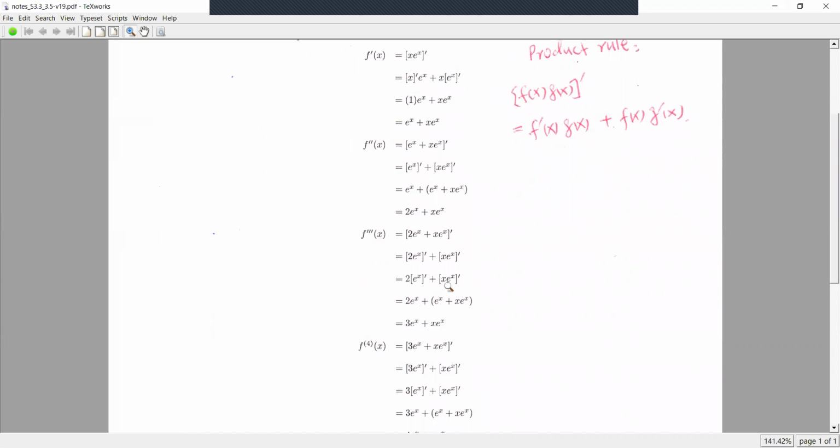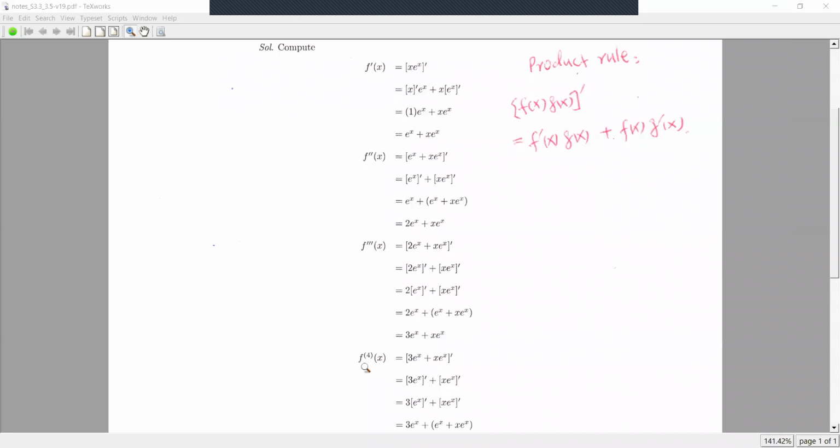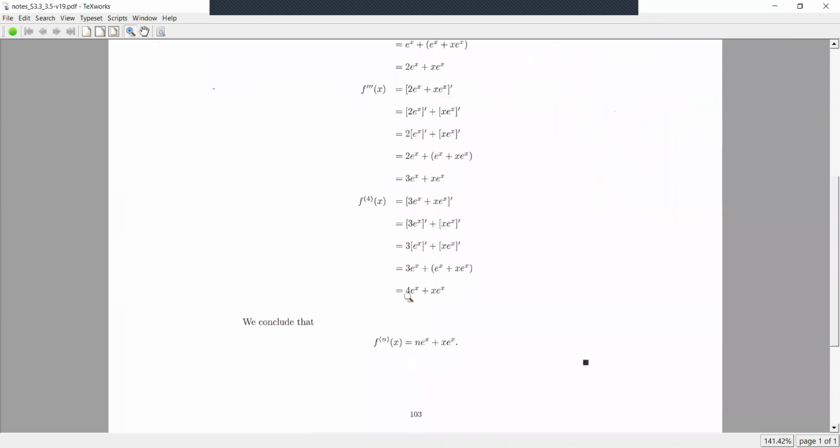Derivative of x times e to the x, from here, it is e to the x plus x times e to the x. Combine 2e to the x and e to the x, then this is the result of the third derivative. Similarly, to compute the fourth derivative, the result is 4e to the x plus xe to the x.